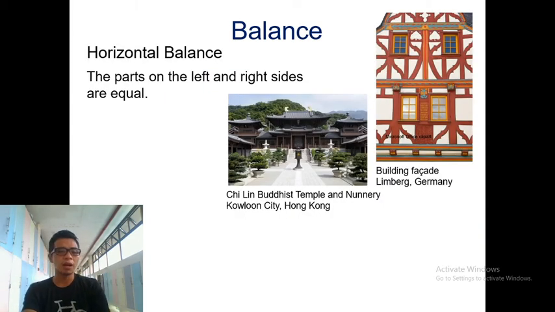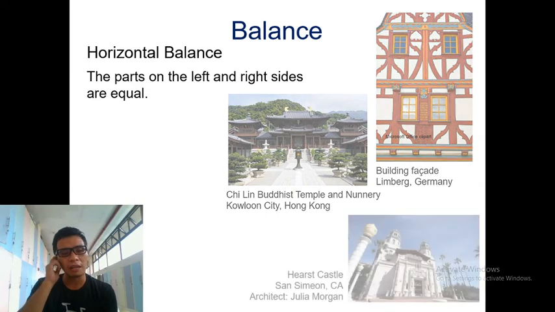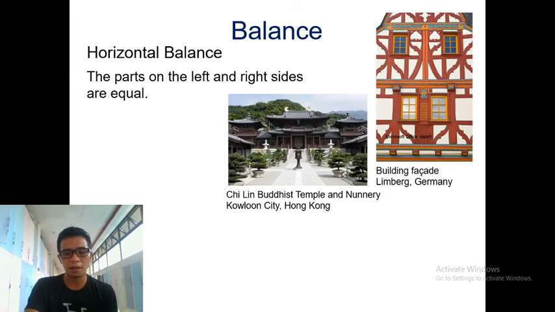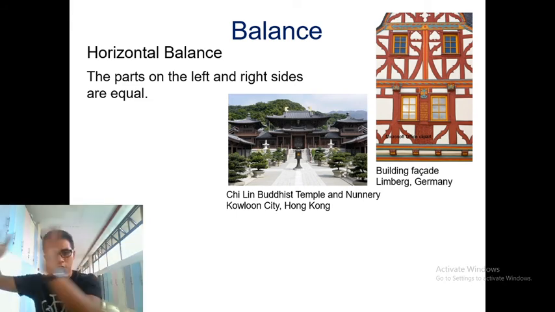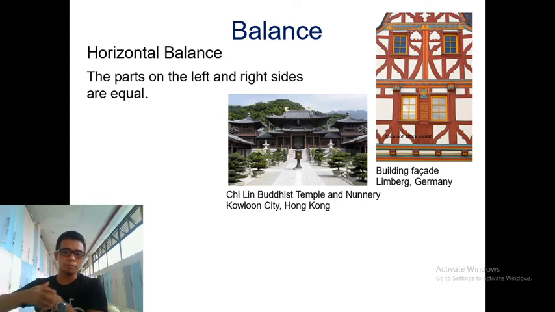Next is yung horizontal balance. So parang related rin siya sa symmetrical. Bakit? The parts on the left and the right sides are equal. So yung mga nakikita mo sa left, nakikita mo sa right, they are equal. So, from left going to the right in the direction, horizontal movement.